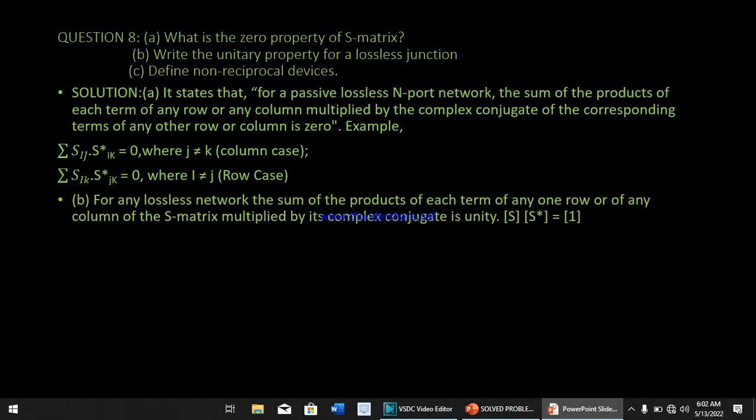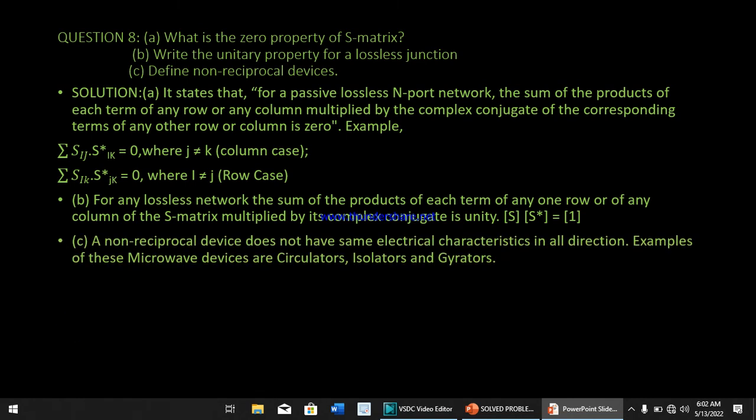In the B part, for any lossless network, the sum of the product of each term of any row or any column of the S matrix multiplied by its complex conjugate is unity. That is, the matrix S and its conjugate transpose product must be equal to 1.